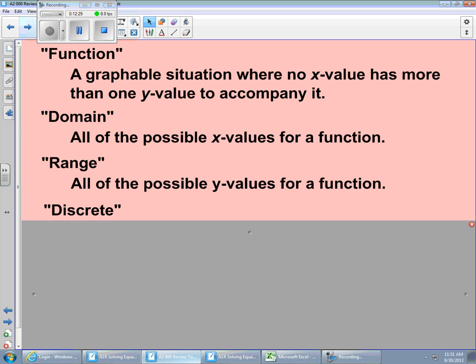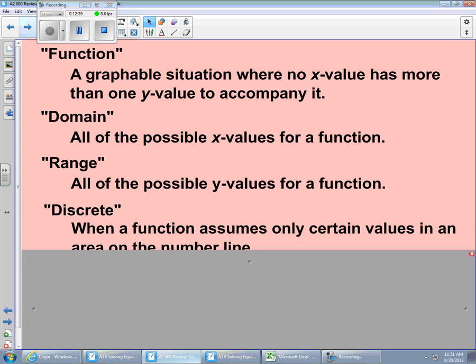Discrete. If you had a pretty good Algebra 1 teacher, you may have a good idea about this. If you didn't, maybe not. The idea of a discrete function is something we're going to be dealing with a little bit. A function is discrete when it assumes only certain values in an area on the number line. This means maybe there are points in our graph, just plots, and they're not connected.